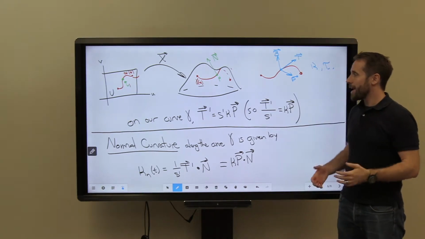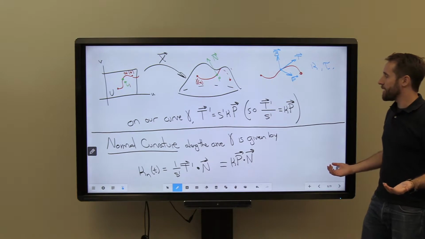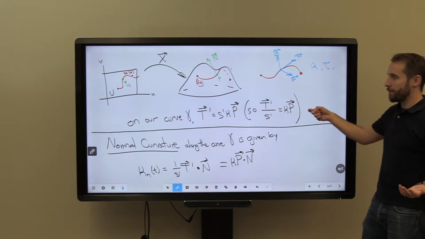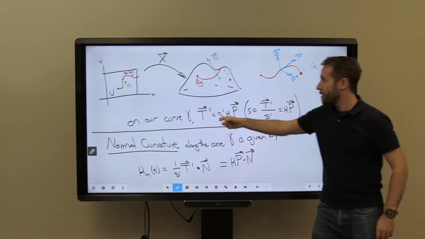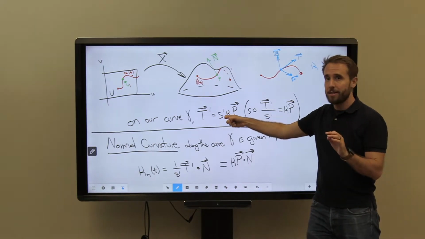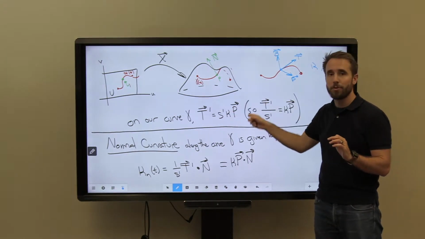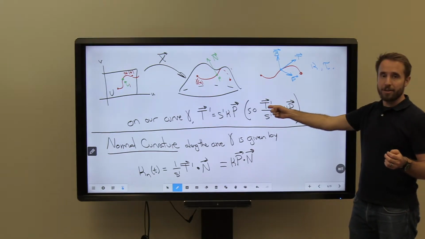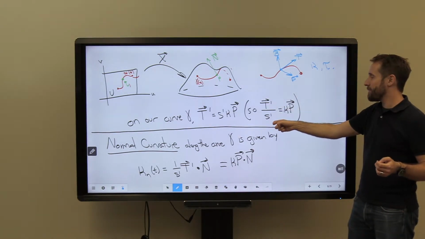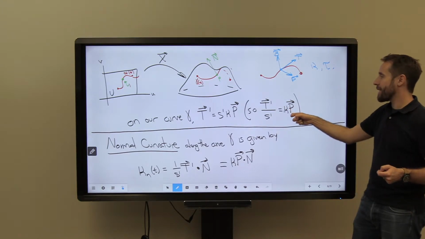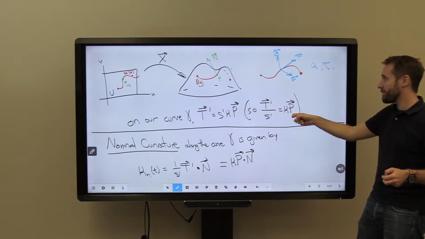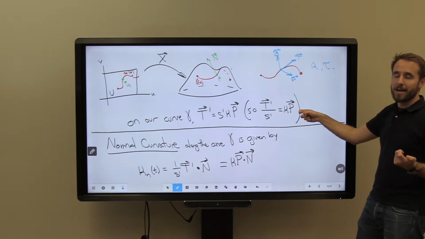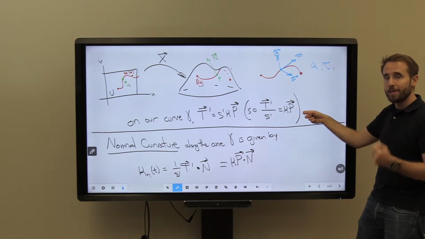So we have this equation for curvature, where our T prime is equal to the speed times the curvature times our principal normal vector. In other words, if we took our vector T prime and divided by the speed, we would get this expression kappa times P. That's our curvature times our principal normal vector.